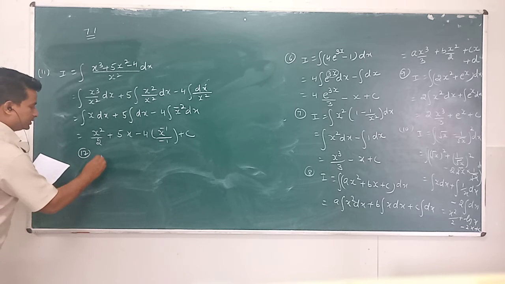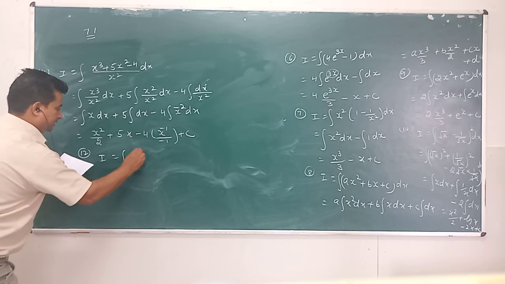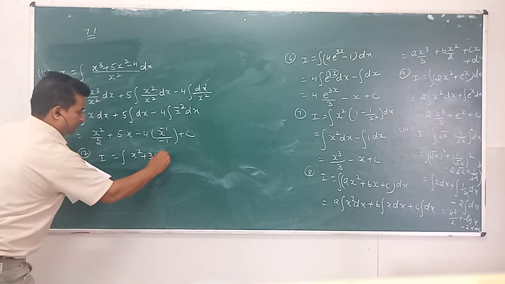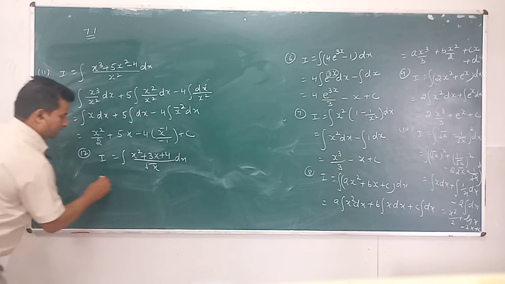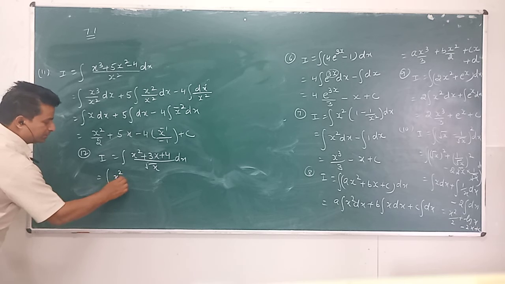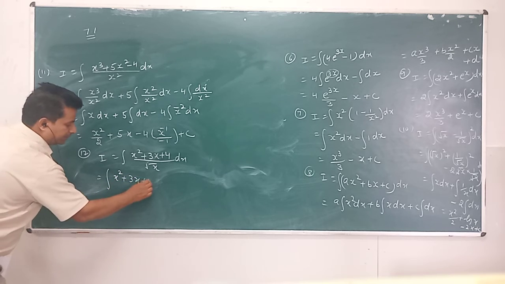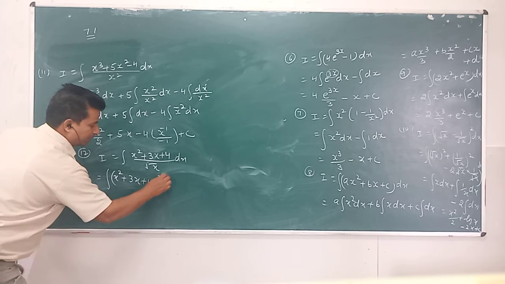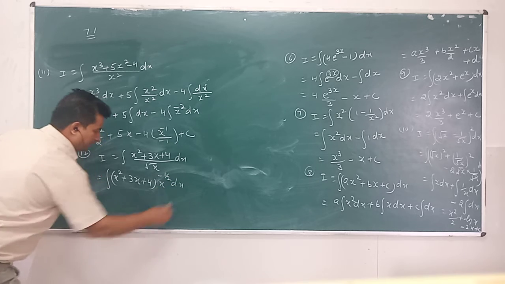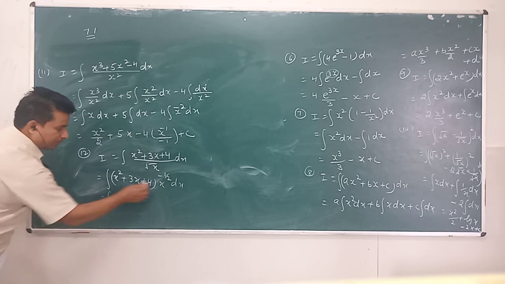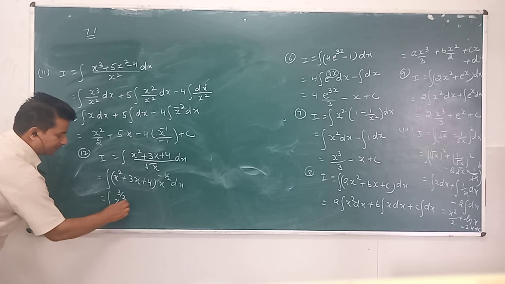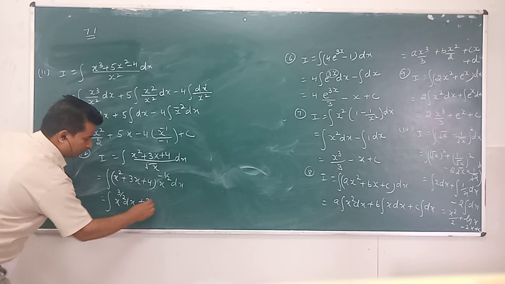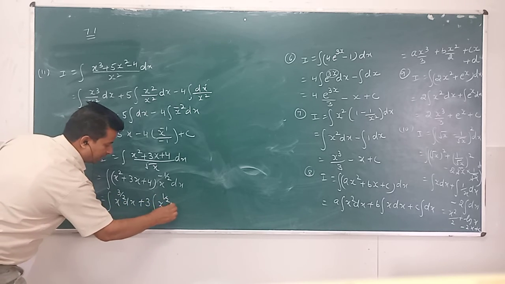In the 12th question, the statement is (x square plus 3x plus 4) by root x. When we take this root x in the numerator, this is x power minus half. When we multiply this power by this, the bases are same, so powers are added. 3 by 2, this becomes x power half.